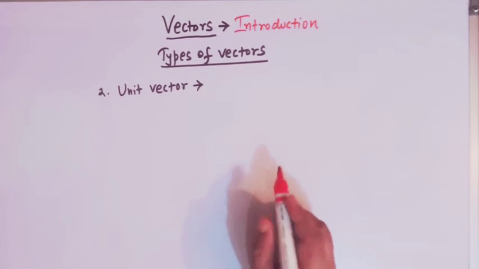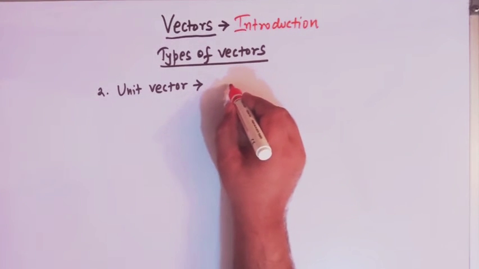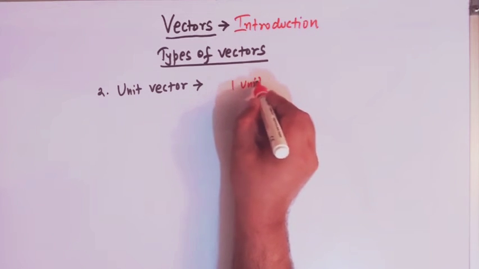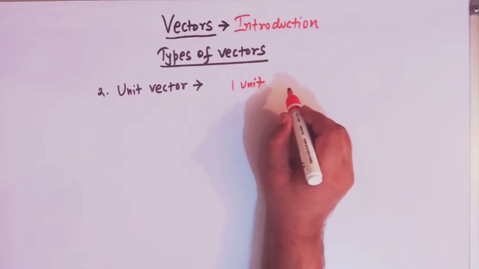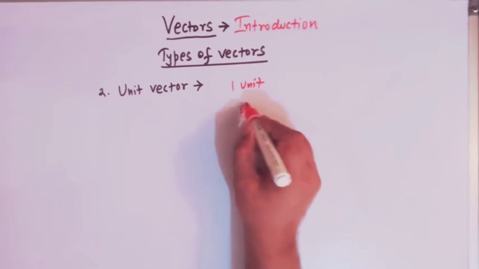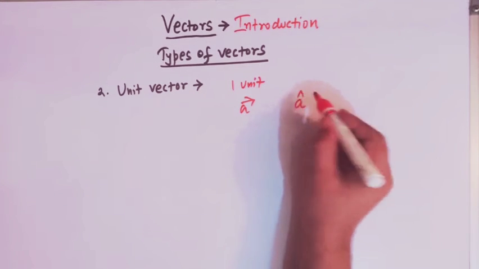Now come to the concept of unit vector. A vector whose magnitude is unity, that is one unit, is called a unit vector, and the unit vector in the direction of a given vector A is denoted by A cap, right?